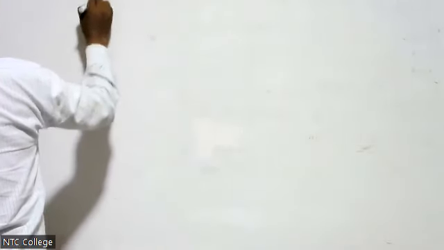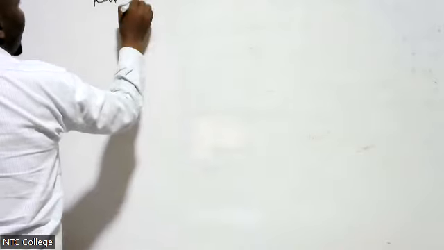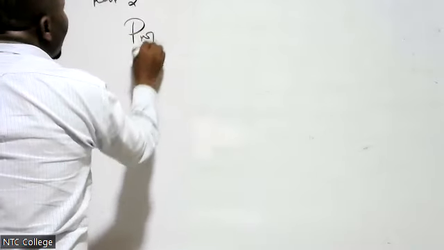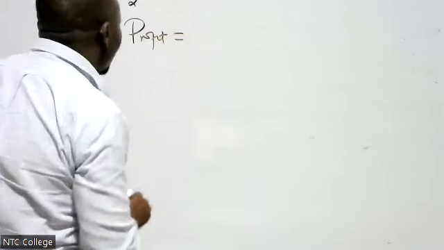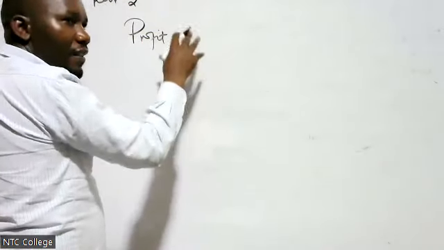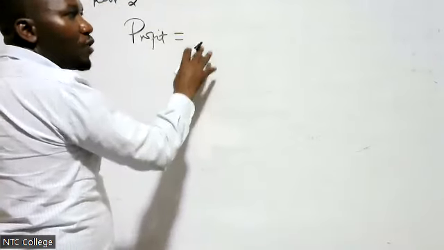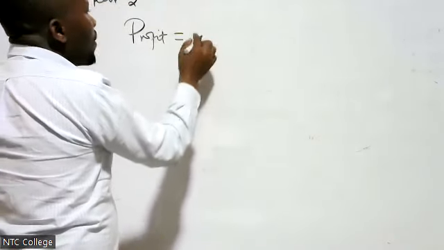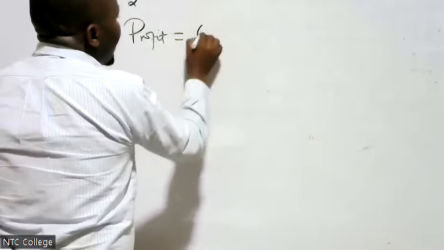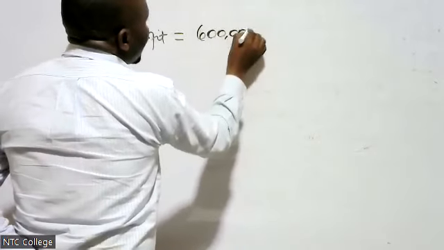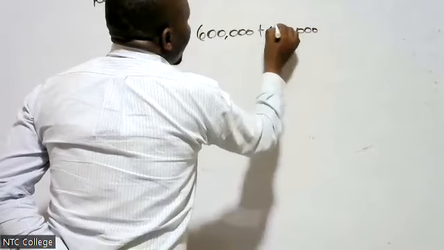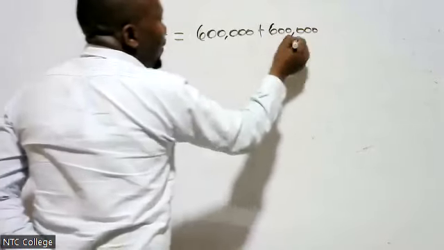So year two. In year two, our profit will be 600 for the first year and another 600 for the second year. So we are going to increase the cash flow by another 600. So we're going to have the first 600 plus 600, because in every year we need to increase it by this.